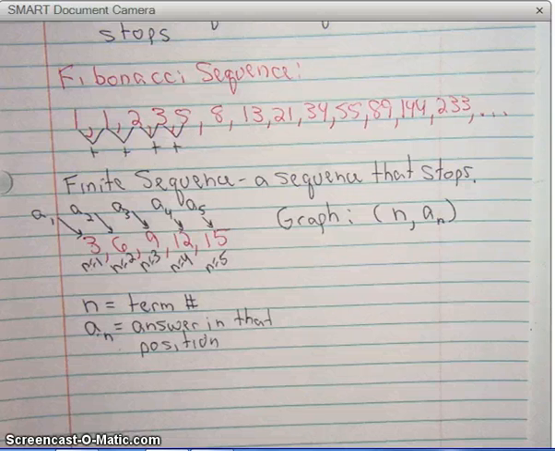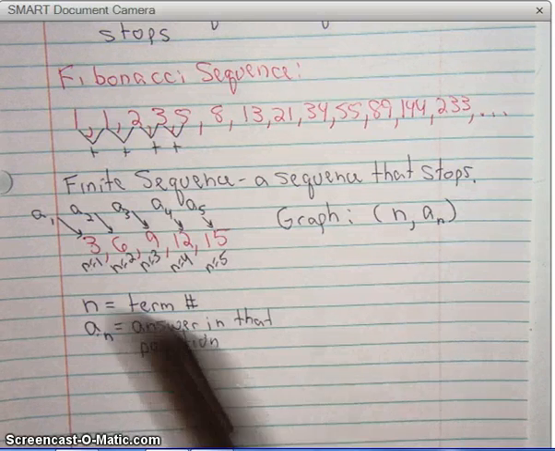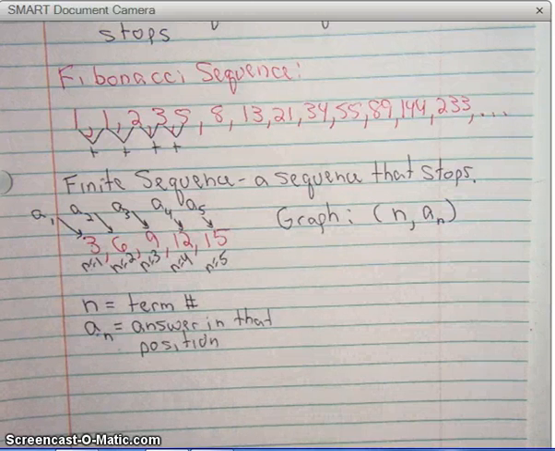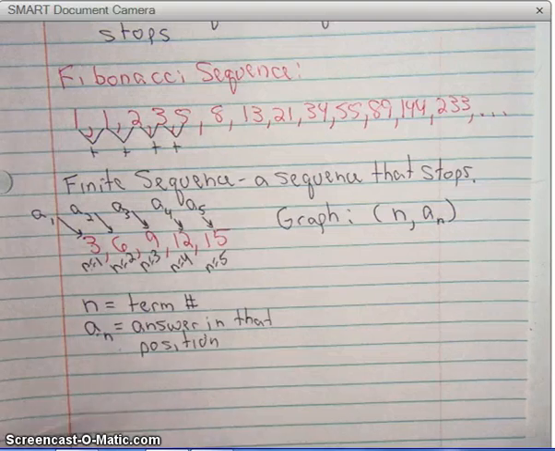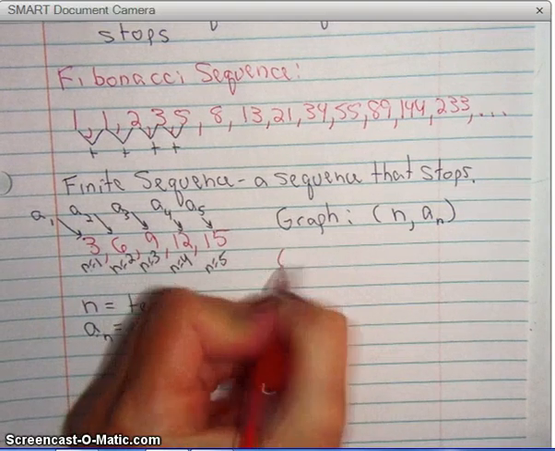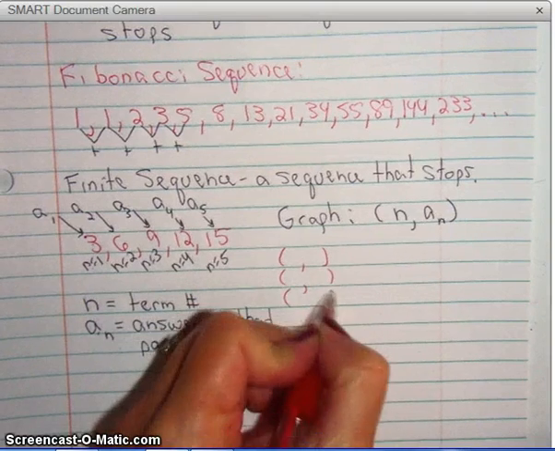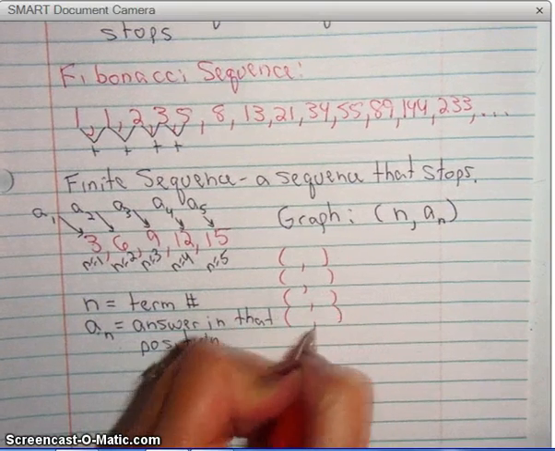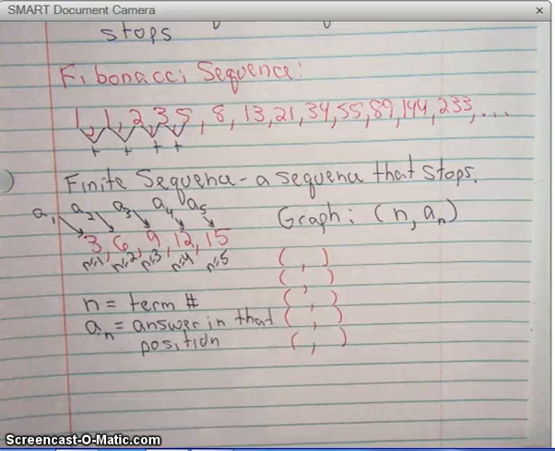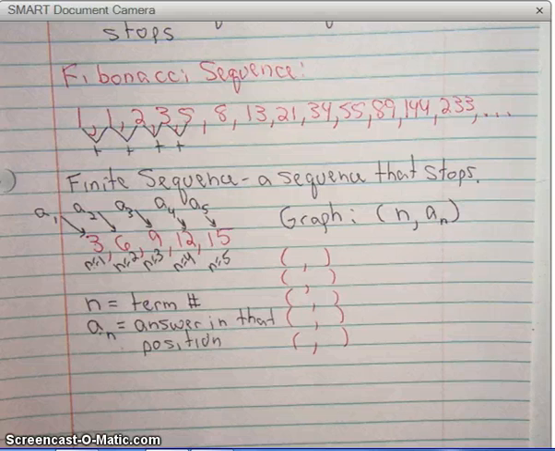Term number, then answer in that position. Okay? Now, anybody think they can get some ordered pairs for this finite sequence? There should be about 5 of them. Anybody know the 5 ordered pairs?